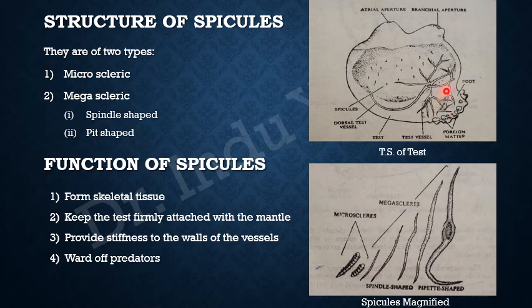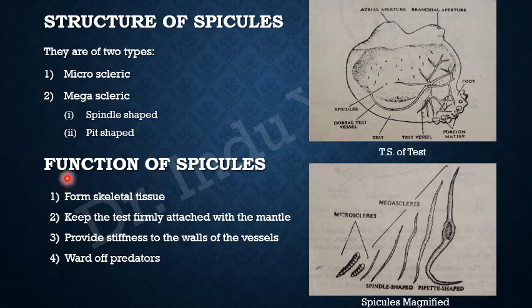Vascular tubules we have discussed in the previous 2 slides. Then this is the test vessel, and these are foreign matter embedded in the foot, embedded in the test, ultimately forming the foot. So you can see how the spicules are present in the matrix of the test.